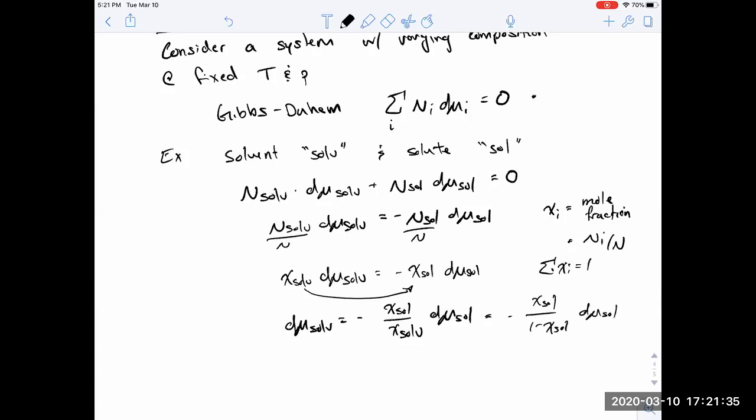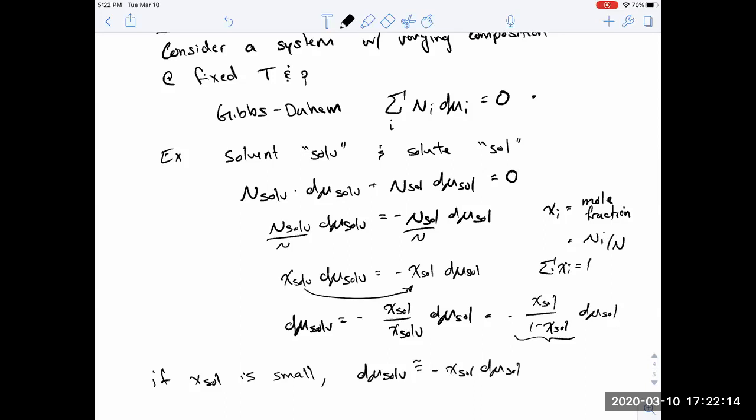And in the limit that the mole fraction of the solute is small, so we have a dilute solution, we can Taylor expand this function. 1 over 1 minus a small number to first order is just 1, which tells us that the chemical potential change of the solvent is then approximately just minus the mole fraction of the solute times its change in chemical potential.